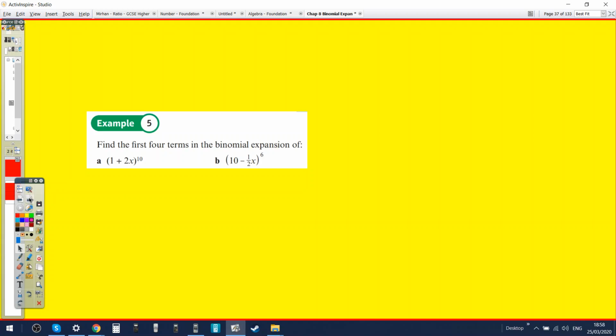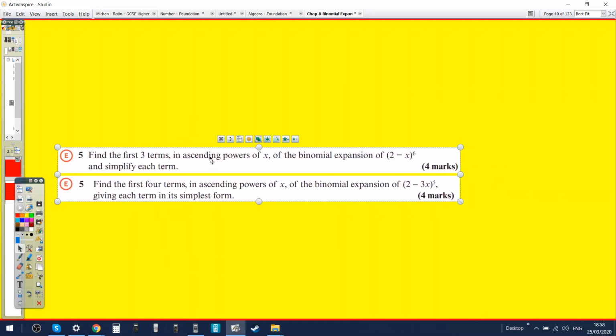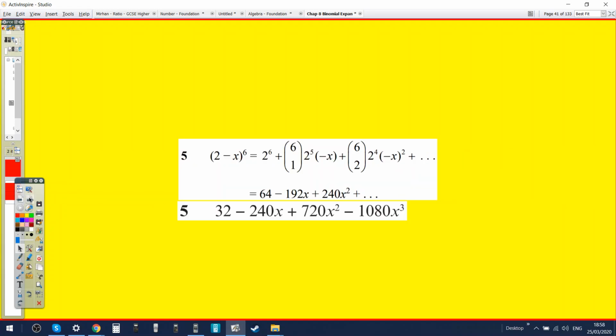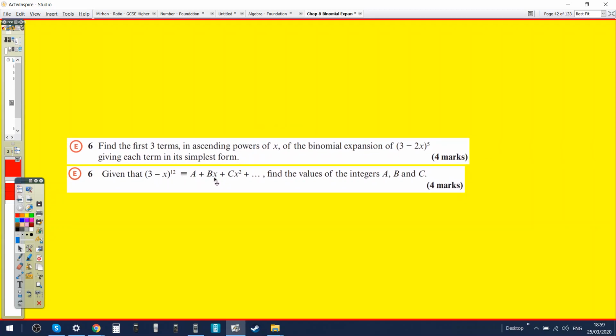You only need to do those. Find the first 3 terms, find the first 4 terms. Because I taught you the normal method from the start, all these are exactly the same as what you've done.